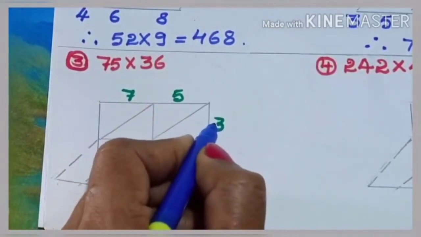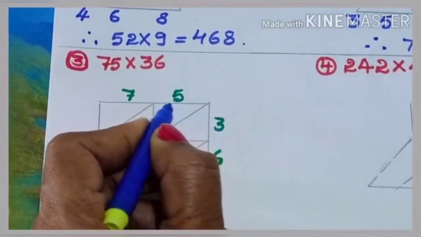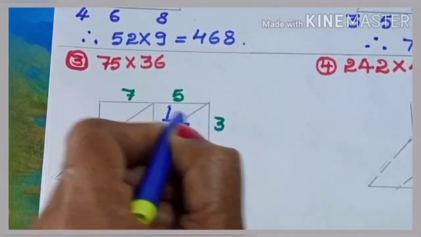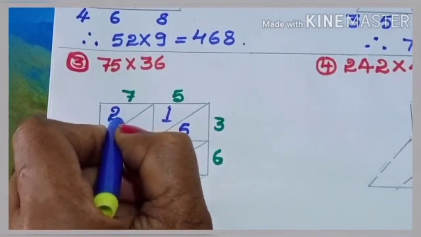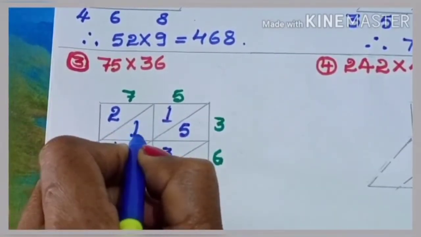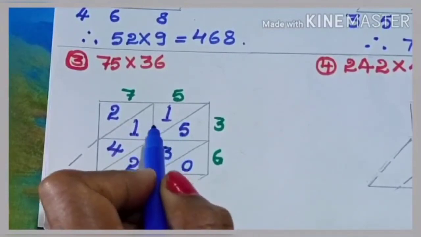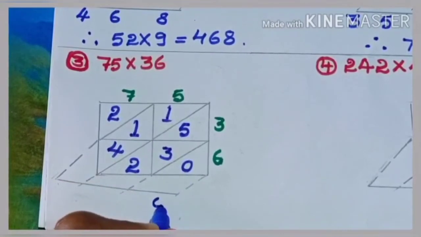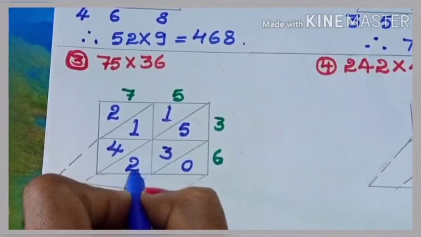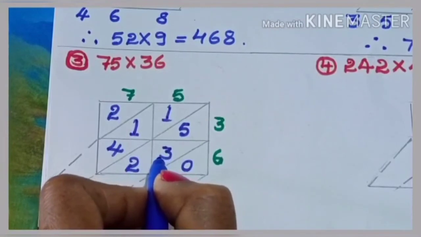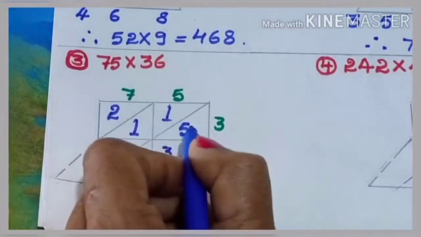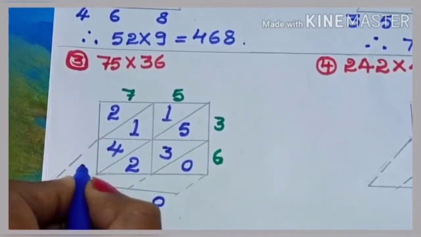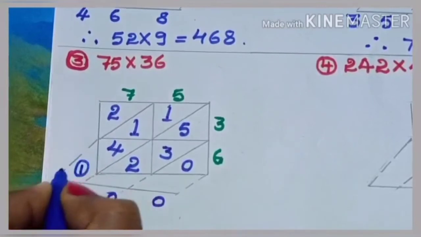Now multiply tens. 3 5s are 15. 3 7s are 21. Now add all the products. Write 0 and add the tens. 2 plus 3 is 5. 5 plus 5 is 10. So write 0 and 1 carry to the hundreds place.